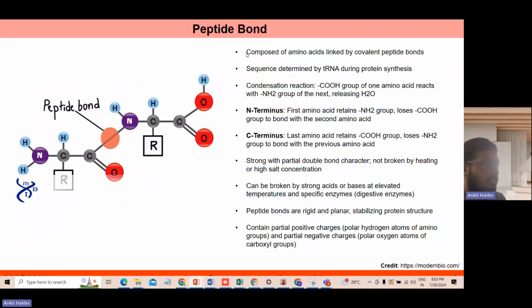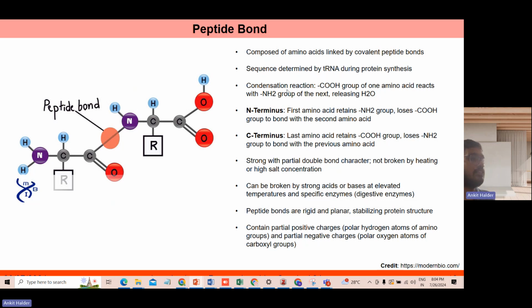So the peptide bond is nothing but composed of amino acids. This is one amino acid, this is one amino acid, linked by a covalent peptide bond, and its sequence is determined by tRNA, which I think all of you must have read, or you can read in any molecular biology book, where the tRNA will bring the amino acids together in the complete process of translation.